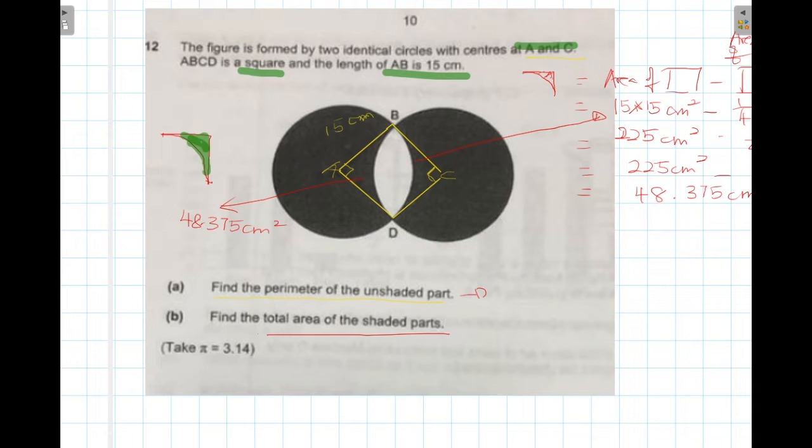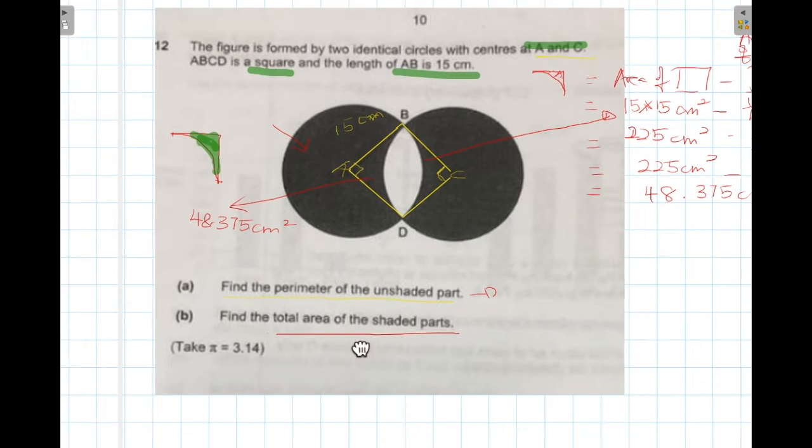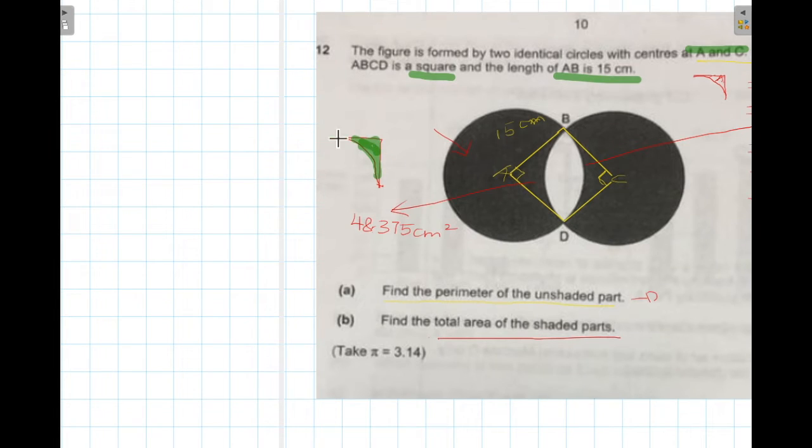So the area of 3/4 of a circle will be 3/4 times pi r squared.